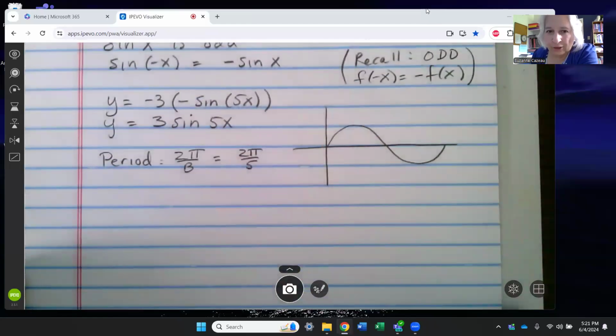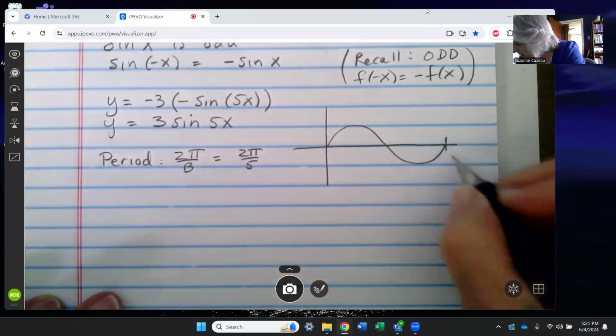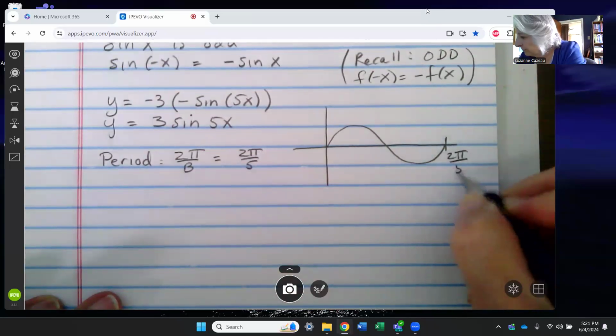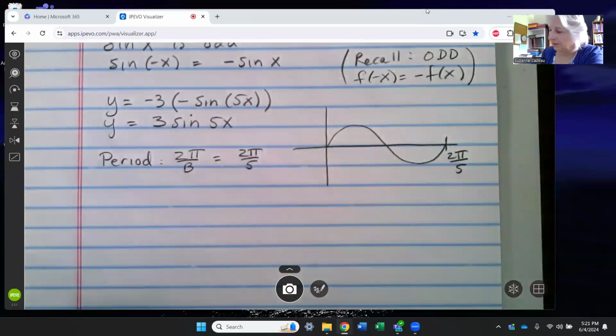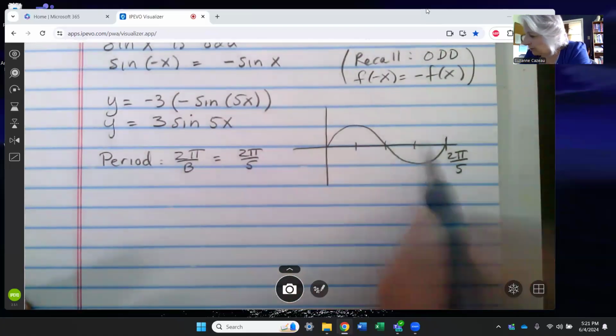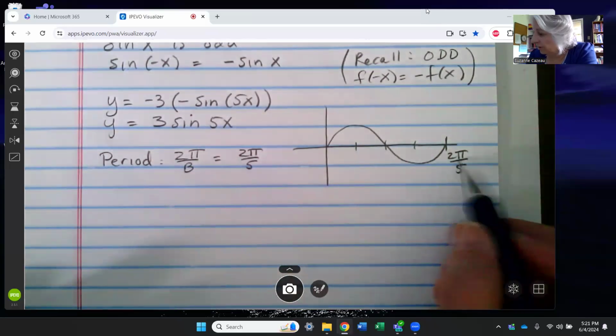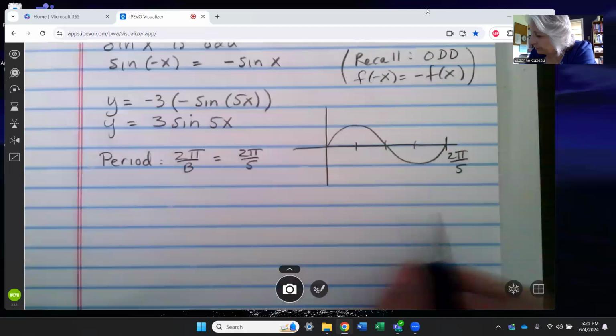And if my period is 2 pi over 5, that means this over here is 2 pi over 5. And now if you want to get these other points that are supposed to be evenly spaced, then you can multiply this by a fourth to get all of those.